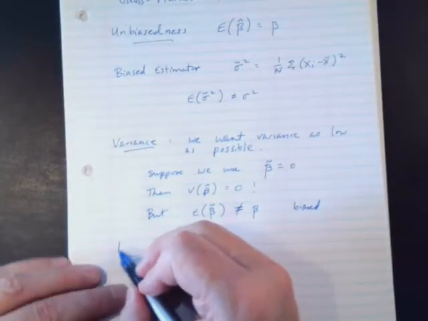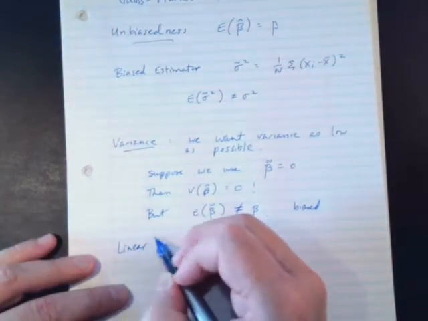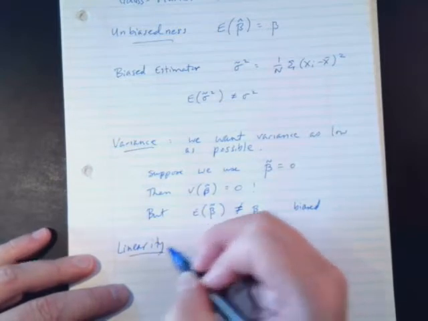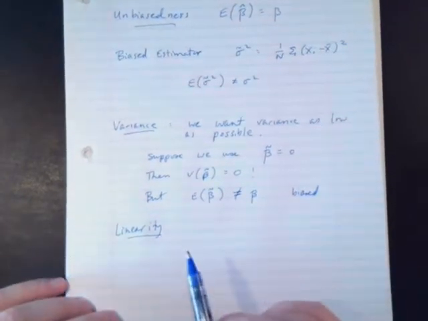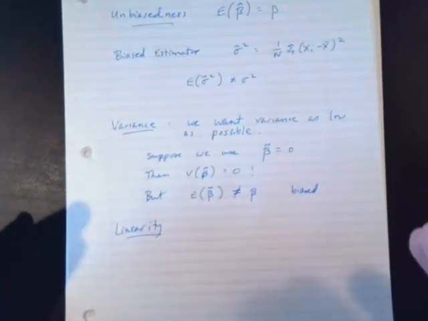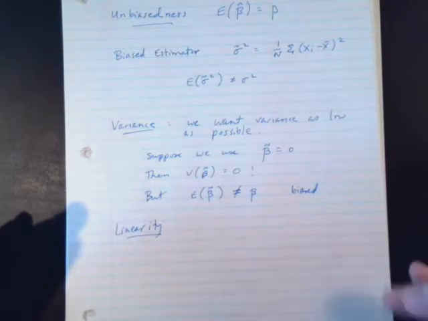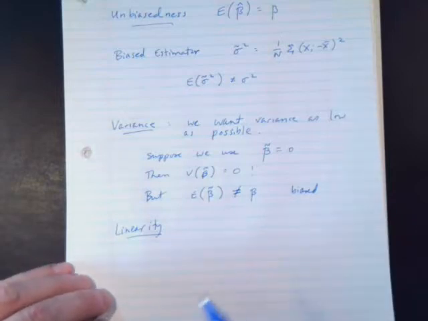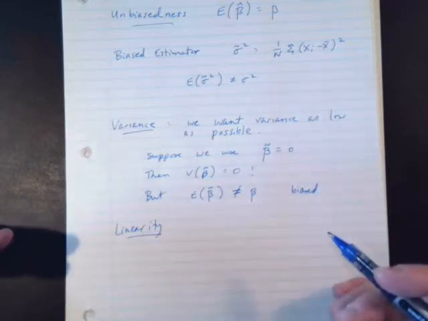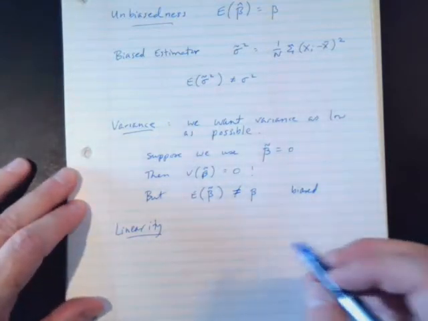And then we want linearity. Okay, and the reason for this is we want to be able to say something about the distribution of the estimator. And the underlying randomness in our regression model, we're assuming is normal. And as long as we stick with a linear function of normal random variables, then we get a normal variable as an output.